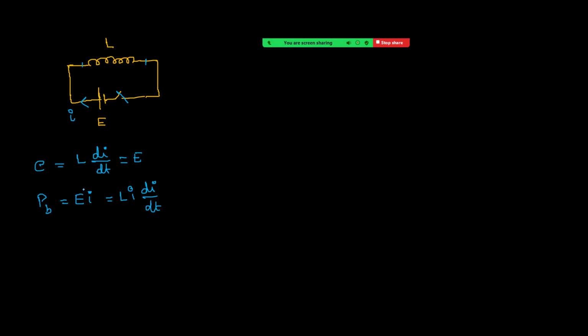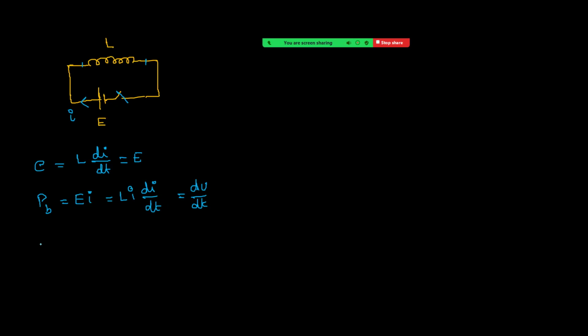It is the rate at which energy is delivered by the battery to the inductor, which is nothing but the power delivered by the battery, which is equal to the rate at which energy is stored in the inductor. That means this is equal to du by dt, where u stands for the potential energy of the inductor. This is the rate at which its potential energy is increasing.